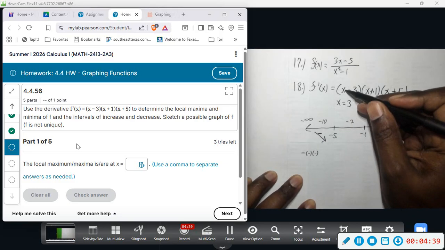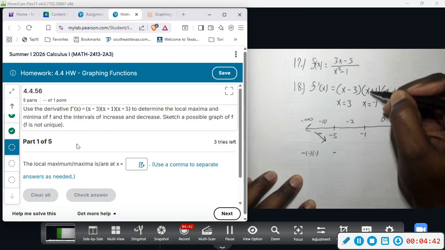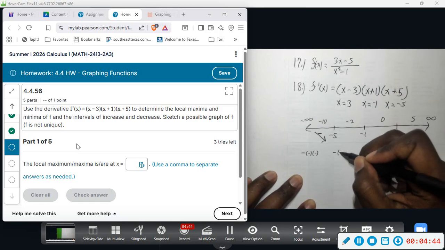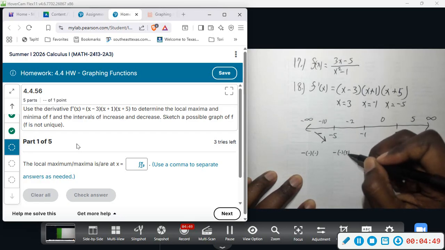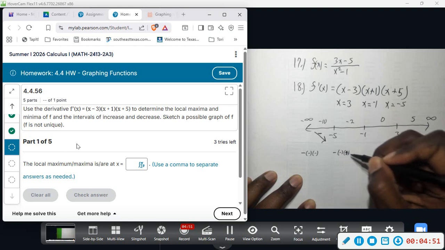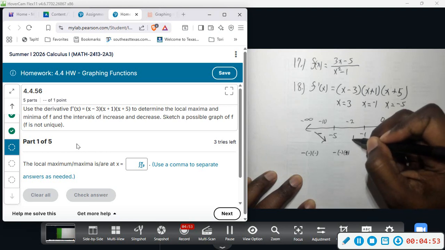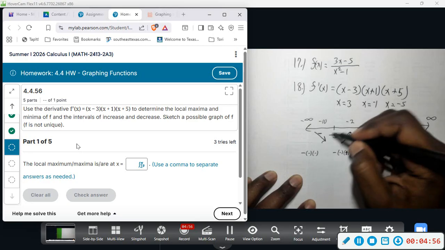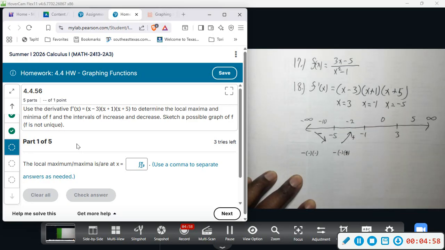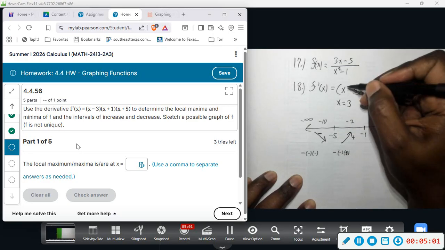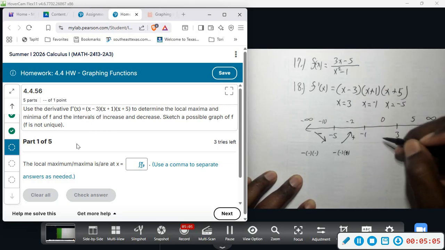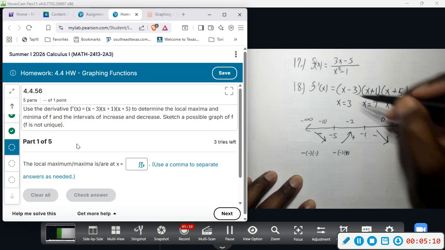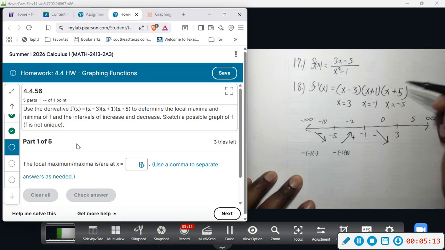Plug in -2, this is negative, this is also negative, this will be positive. So a negative times a negative is a positive, times a positive is going to be positive. So this section is going up. So -5 will be a minimum. Plug in 0: negative, positive, positive, so this whole term will be negative. If I plug in 5, this will be positive, positive, and positive.